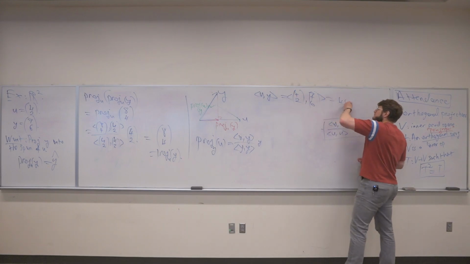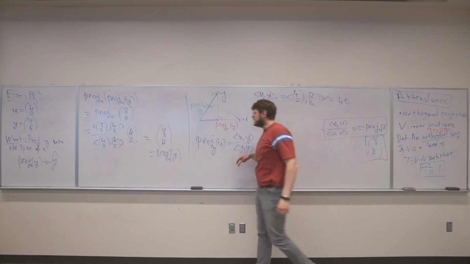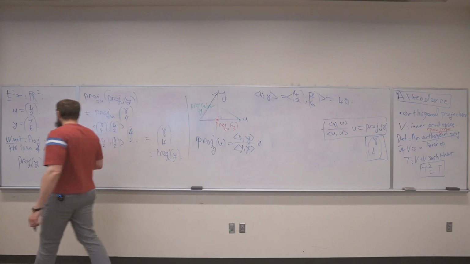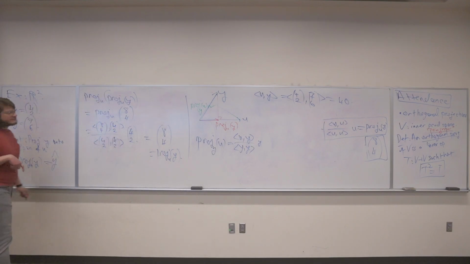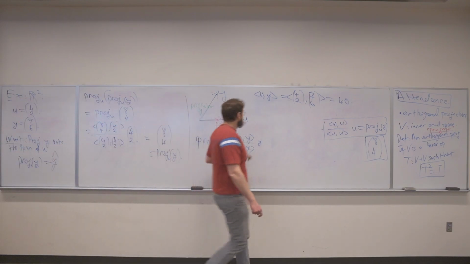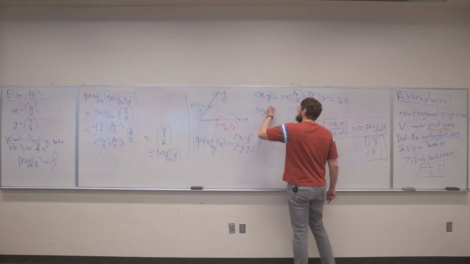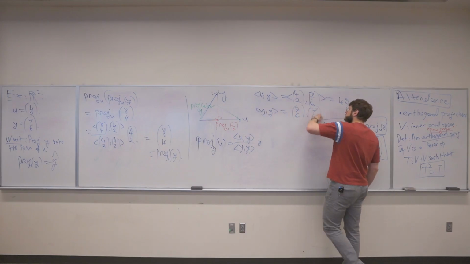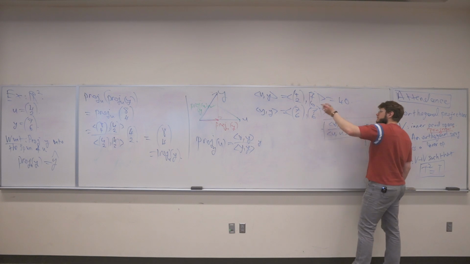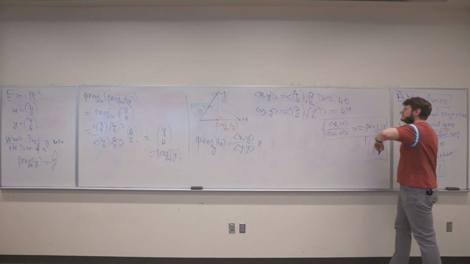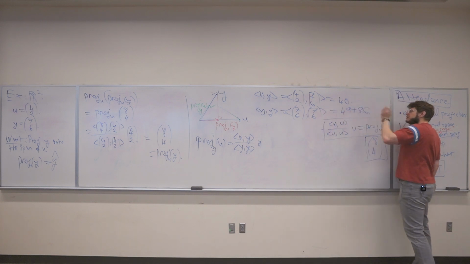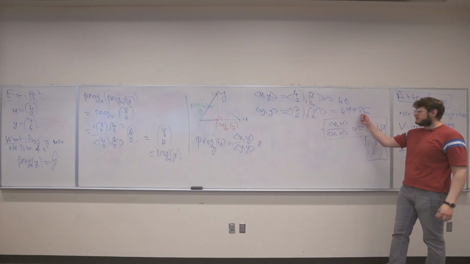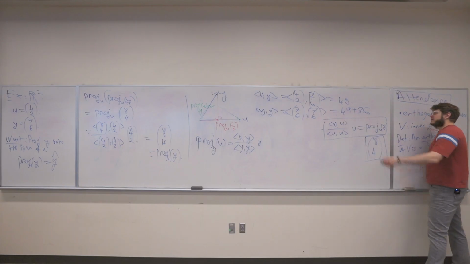That gave us 40. The denominator we hadn't computed before. I need to look at y against itself, (7, 6). That's 49 plus 36, which gives you 85.